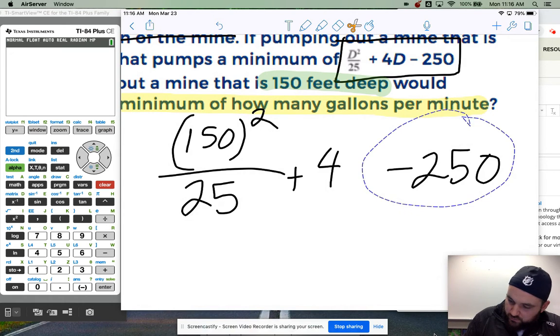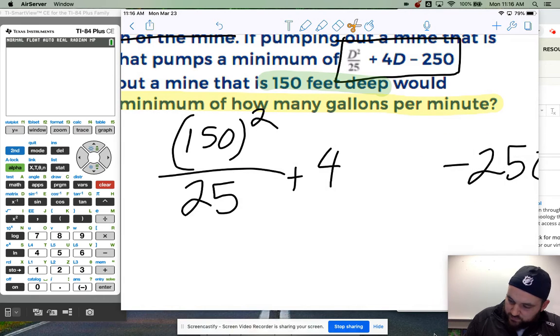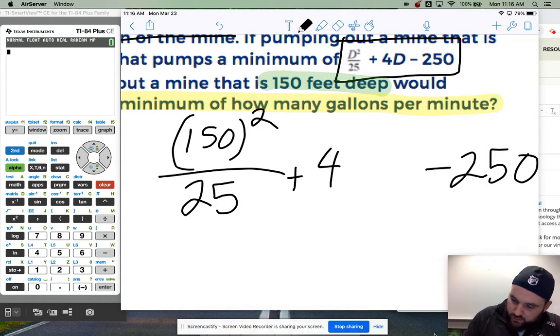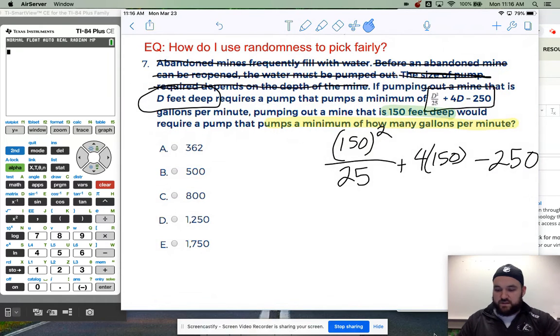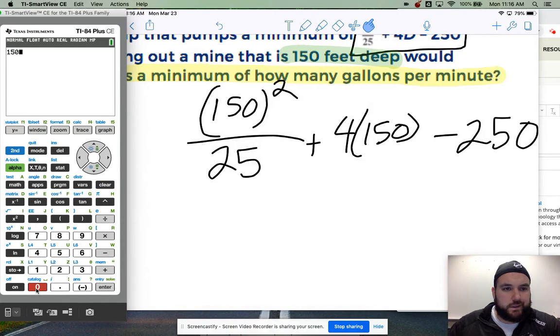Now, again, the context of this problem is a little crazy and has way more information than we probably need, but just again, trying to practice the types of things you'll be asked to do. So now that I have 150 plugged in there, there's a really cool feature that the calculator has where if I want to type in 150, I can do 150, hit this store button, this STO, and then hit the X button.